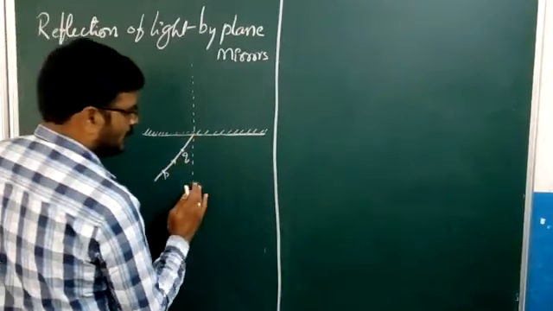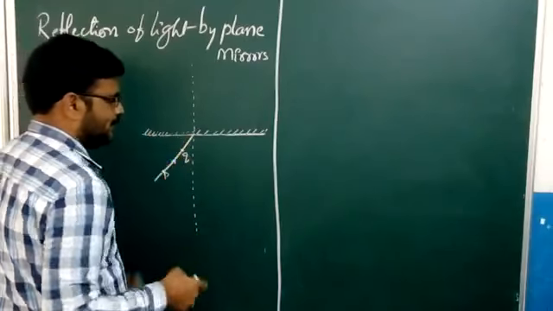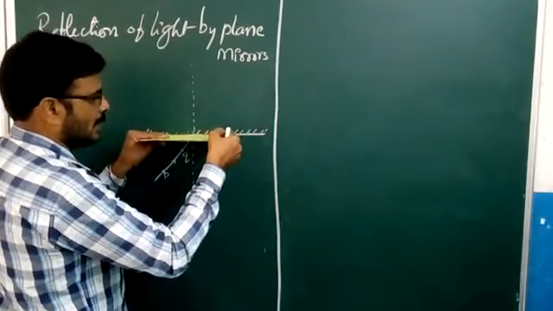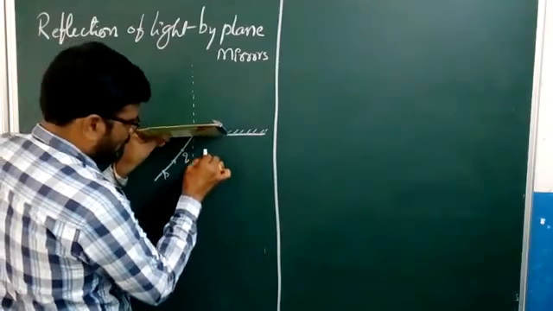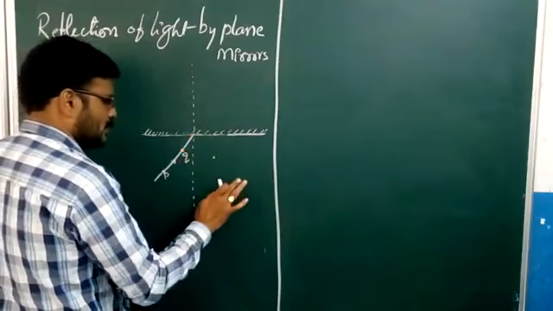View from the other side of the normal so that the two pins P and Q are visible to you on a straight line, and fix two more pins on that straight line.